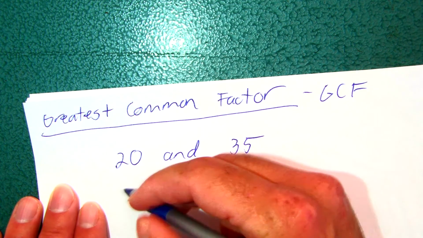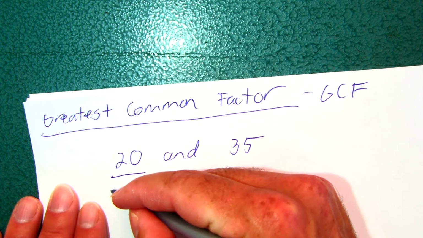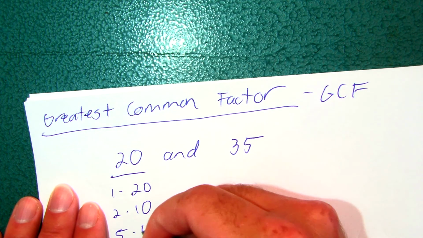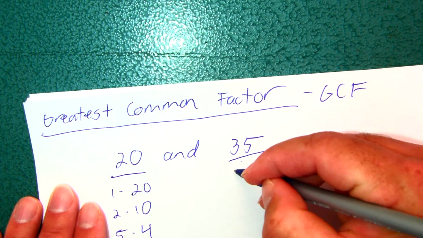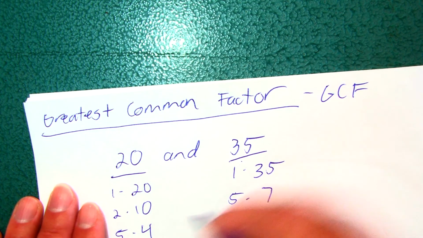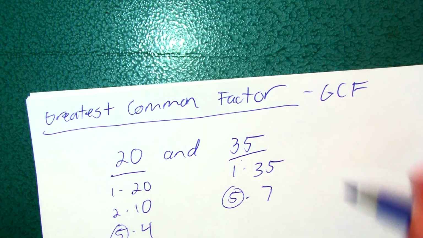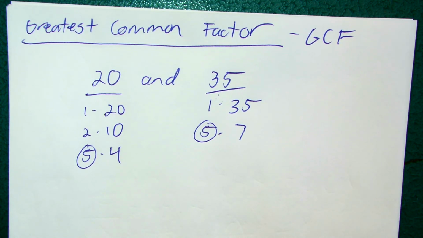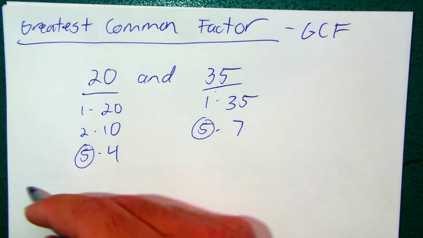You've got to take a look at your factors. For 20, you could have 1 times 20, 2 times 10, 5 times 4. For 35, 1 times 35, 5 times 7. You're breaking a number down. Your greatest common factor there would be 5.